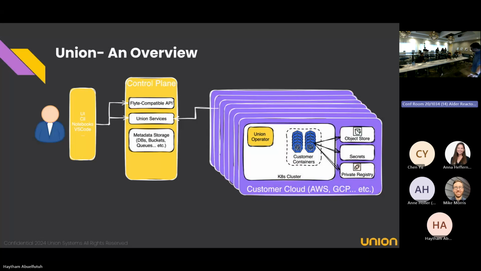You have access to all of your data and resources that we have no access to. It's always calling back. There's no ingress into the cluster. And then on our side, we have our own services storing metadata about the jobs and so on. Users continue to use a familiar interface, so all of their Flyte workflows run right out of the box, but now they have access to all of this.